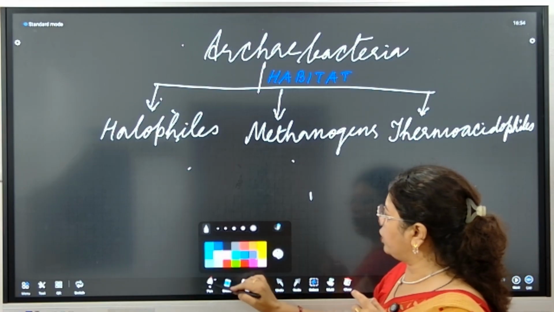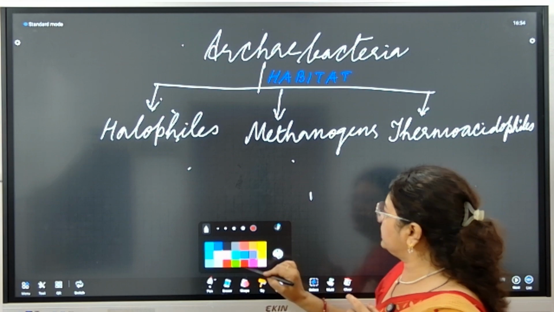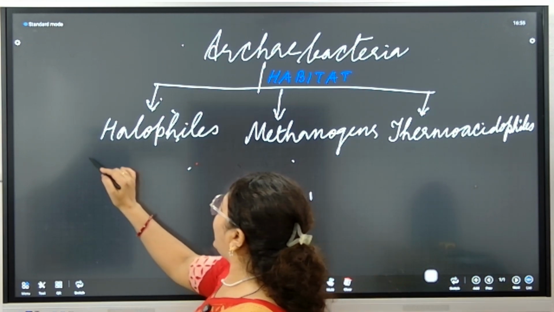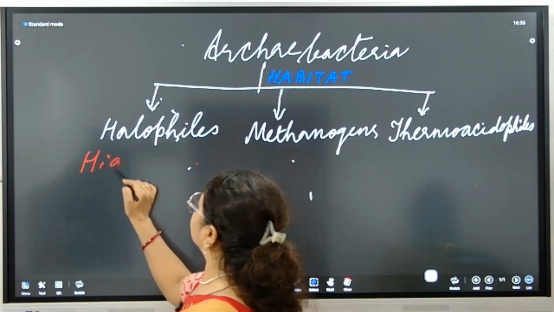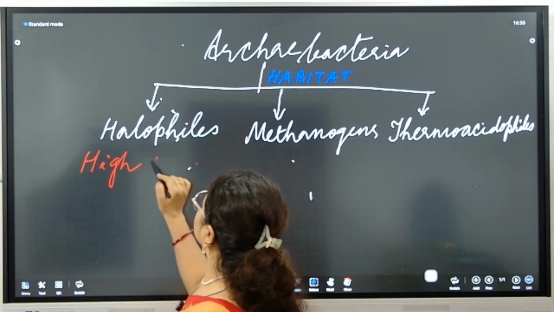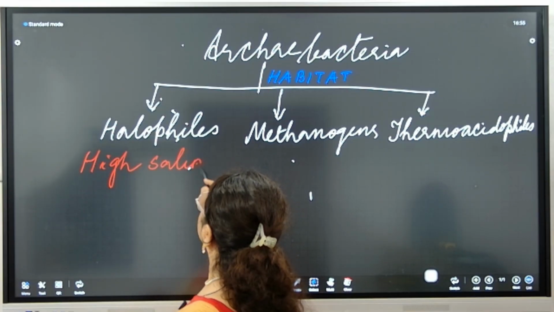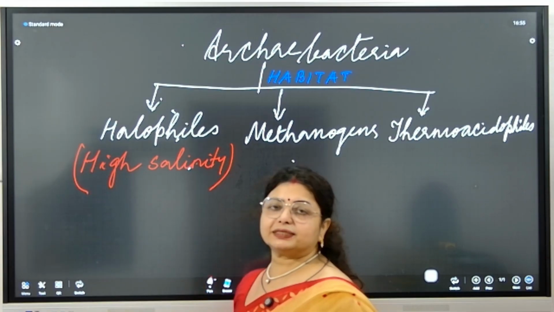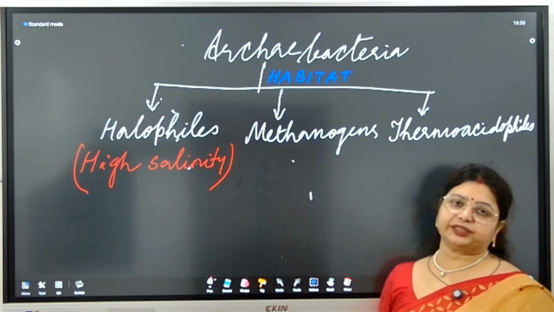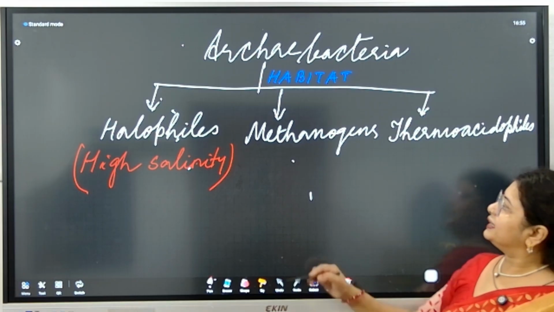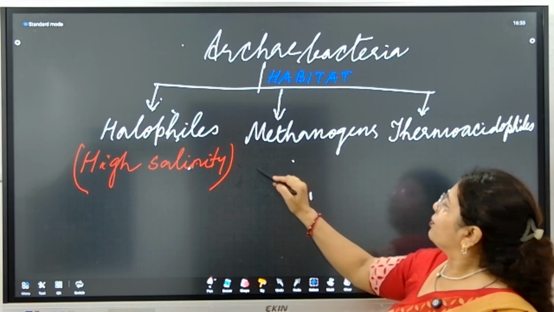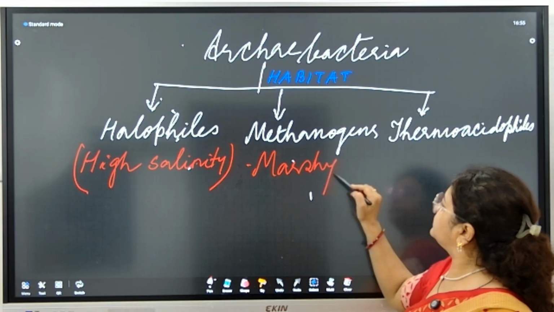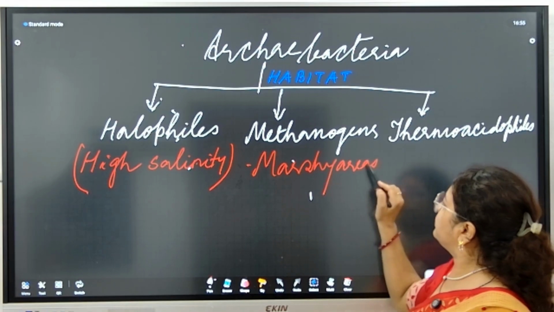What is the habitat in halophils? This question will come in your mind. That is the high salinity. So in high saline condition, these archaebacteria will survive. These methanogens live in marshy areas, okay.